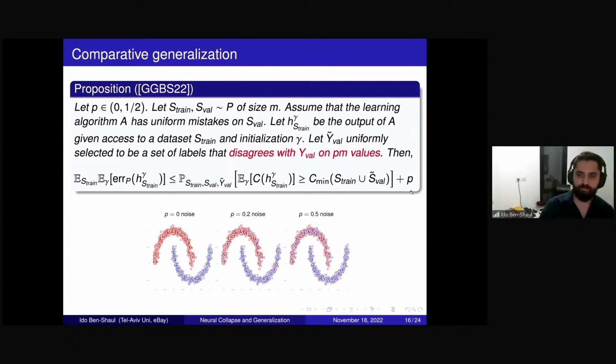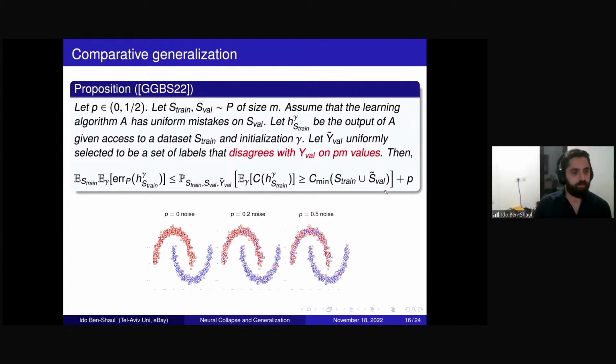So let's break it down. This term is the corruption level that we chose. And then we have this probability term, where we compare two quantities. This is why we call it the comparative bound. We compare the expectation of the complexity of this classifier over different initializations with the minimal complexity needed to fit this corrupted data set.